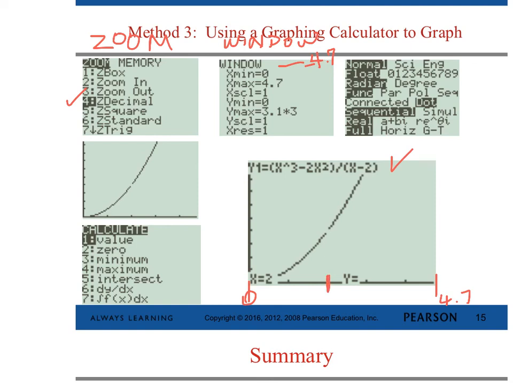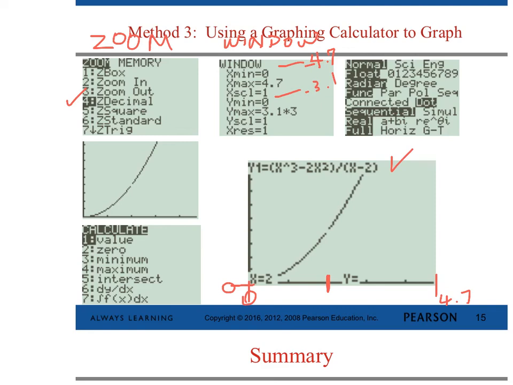And then I want you to leave the scale at 1. I want you to change your y min value, which was originally negative 3.1, to 0 because we're beginning at 0 again. We're beginning at the origin.